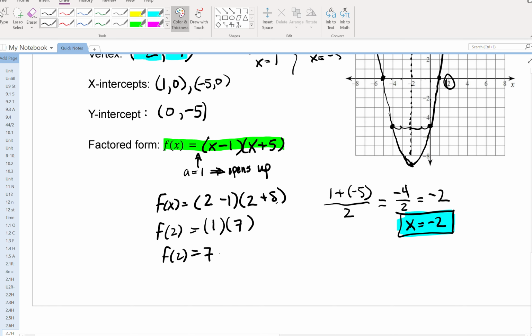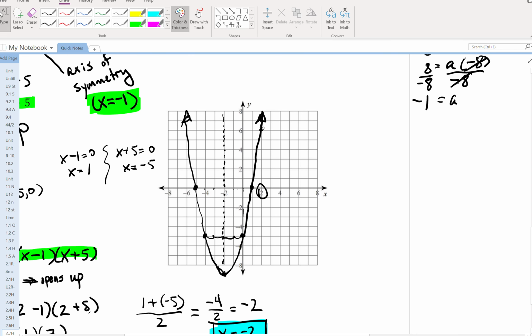What that gives me is an additional point. It tells me that when x is 2, y is 7. And so I go over here 2 and up here to 7. Let's go green. That point right there is 2, 7. And it's 1, 2, 3, 4 units. So go 1, 2, 3, 4 units. And over here is another point. And that would be at -6. It looks like -6, 7.